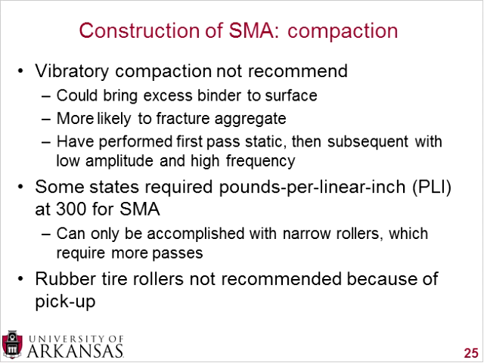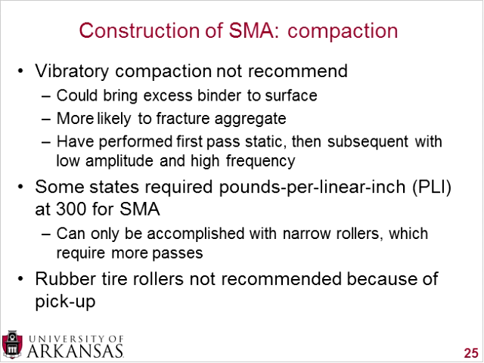So you want a very strong, very high compaction. And something that they found is that can really only be accomplished with narrow rollers. Some of these wider rollers that are out, they do very well on hot mix jobs, but they can't get up to that 300 PLI limit. But the more narrow rollers with the high compaction efforts can actually achieve that 300 PLI.